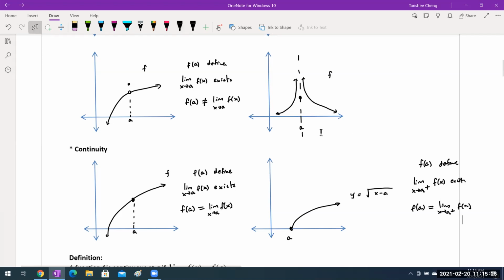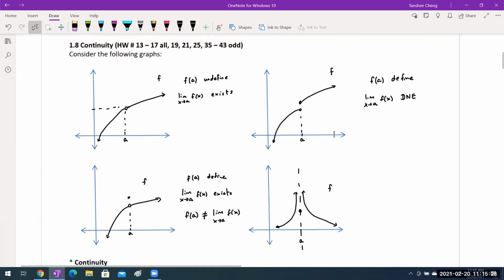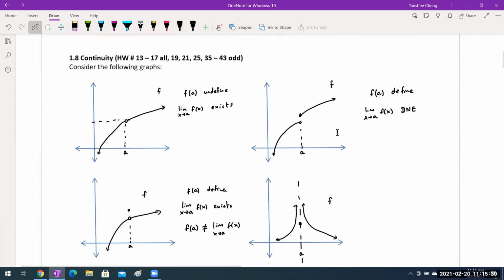So let me give you a few names for this, because you may run into it in the homework problems, saying that you need to classify what type of discontinuity you're talking about. For the first case, if the function does not exist, if there is a hole, but the limit exists, then this is called a removable discontinuity, right?